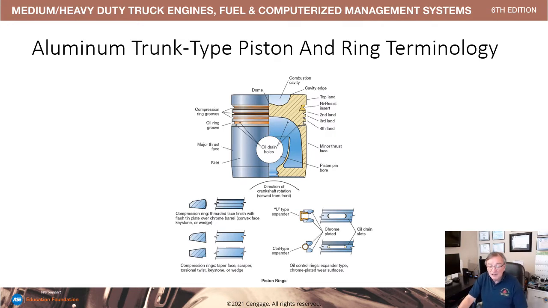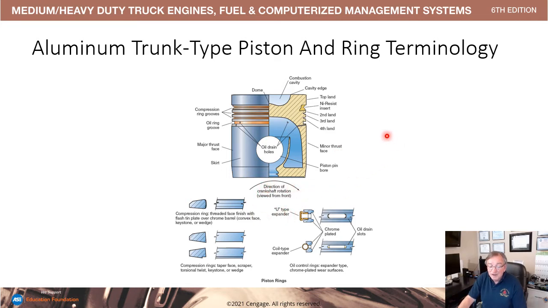Here's a typical trunk piston defined here. We have what's called a Ni-Resist or nickel resist ring insert in the ring groove to make it more stable in heat. We have a second, third, and fourth land for rings. We have the thrust face, which is on the right-hand side, based on the direction of the rotation of the engine.